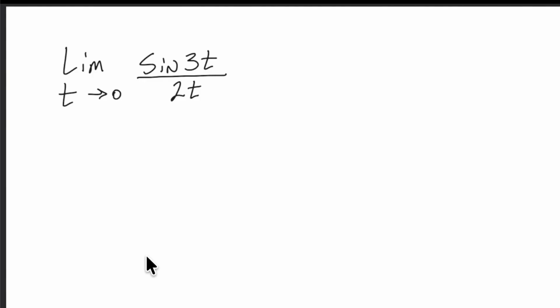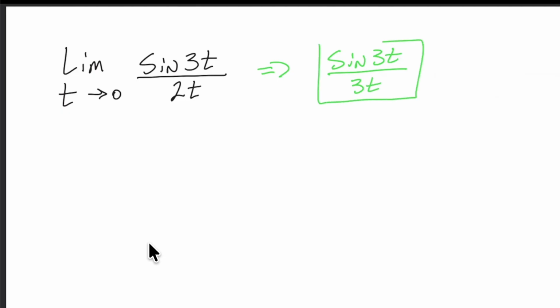Next, we have the limit as t approaches 0 of sine of 3t divided by 2t. So folks, we say to ourselves, boy, we would love it if we had sine of 3t over 3t, because we know this would then go to 1. So how do we get 3t in the denominator? Well, we multiply top and bottom by 3. So now we have the following.